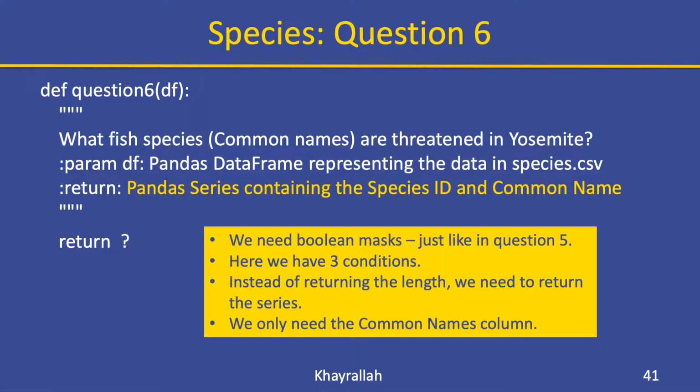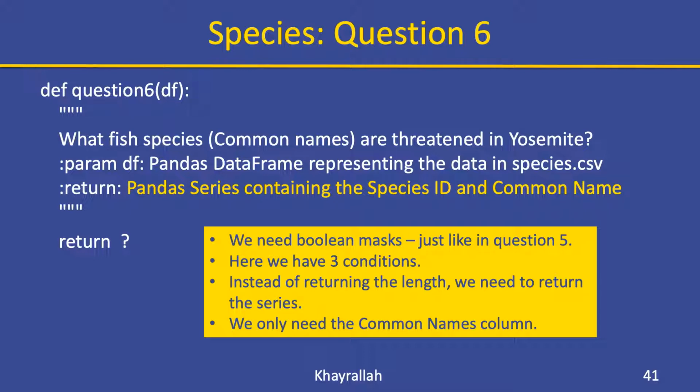In question 6, we are asked what fish species are threatened in Yosemite. So we are supposed to return not a number, not a value, we are supposed to return a pandas series that contains the species IDs and common names of fish species that are threatened in Yosemite. So we're going to need Boolean masks, just like in the previous question.